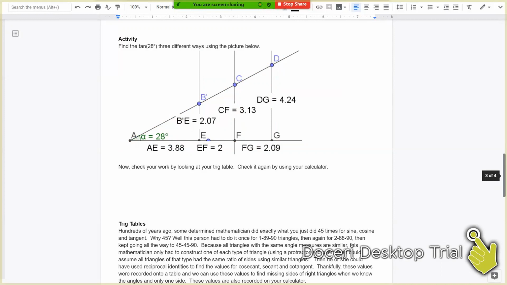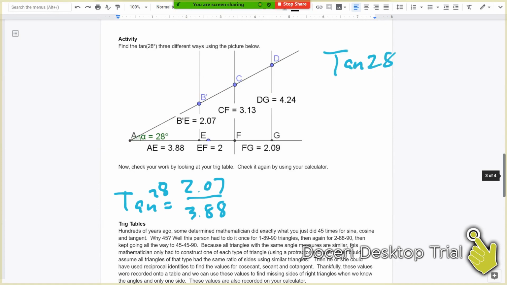All right, so first, the tangent of 28 that I got would be 2.07 over 3.88. Okay, that'd be the tangent of 28 degrees. Then if you use the bigger triangle, like this one right here, the tangent of 28 would be 3.13 divided by 5.88.